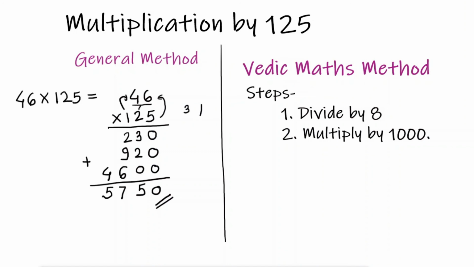That is, first multiply with the unit place number, then with the tens place number, then with the hundred place number. After that, we will get the answer. But in the Vedic maths method, you have to follow only 2 steps and then you will get your answer. The general method requires more time, but in the Vedic maths method, within a minute, we can solve the problem.